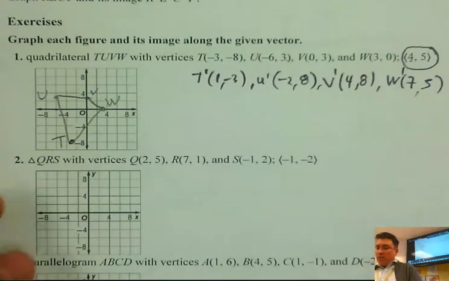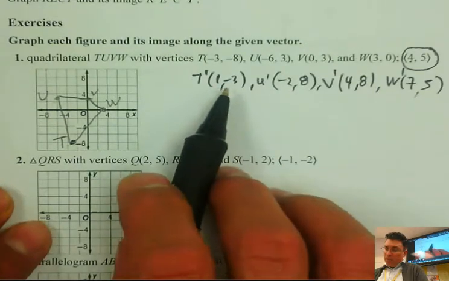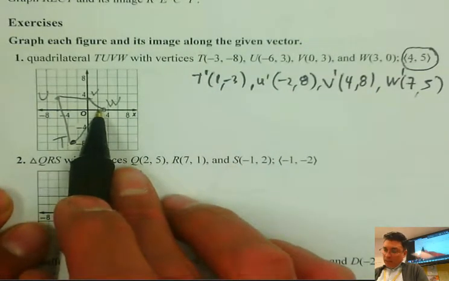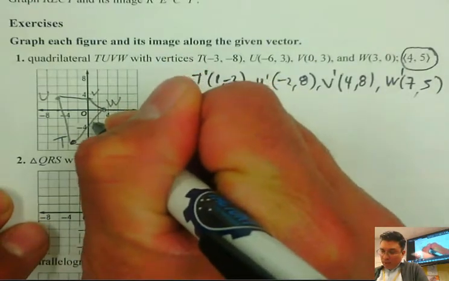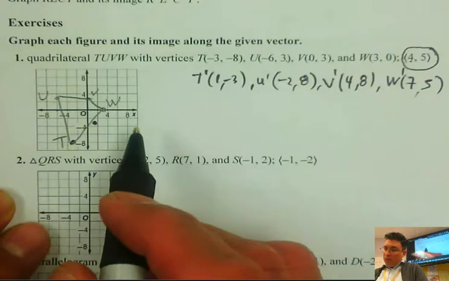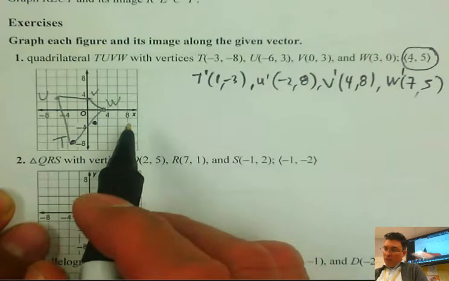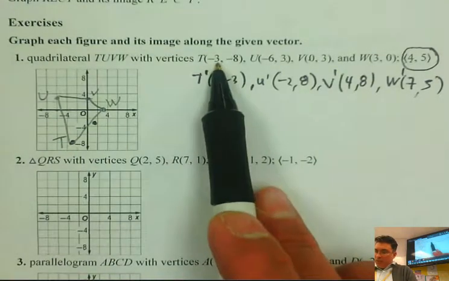So now I'm going to look for these numbers for these points here. So T prime is a 1 and a -3. So that will be right here, right? That's the T prime. Now the U prime is -2. Let's see, this looks strange. It came out wrong here. 4, -3.